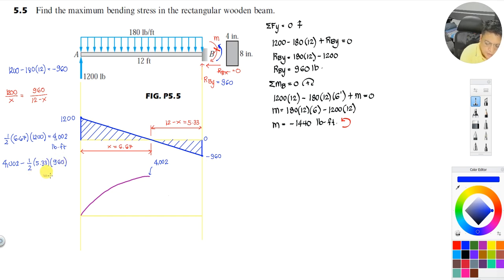So, you can have this value. So, 4,002 minus 1/2 of 5.33 times 960. So, you can have it as 1,443.6. Okay? So, you can have this one.